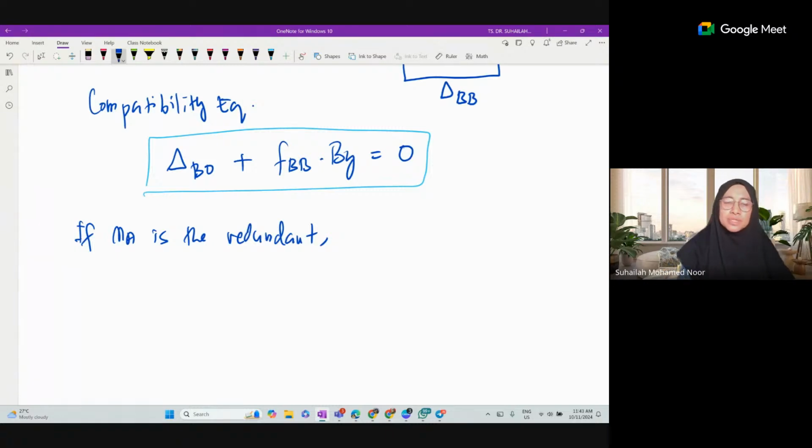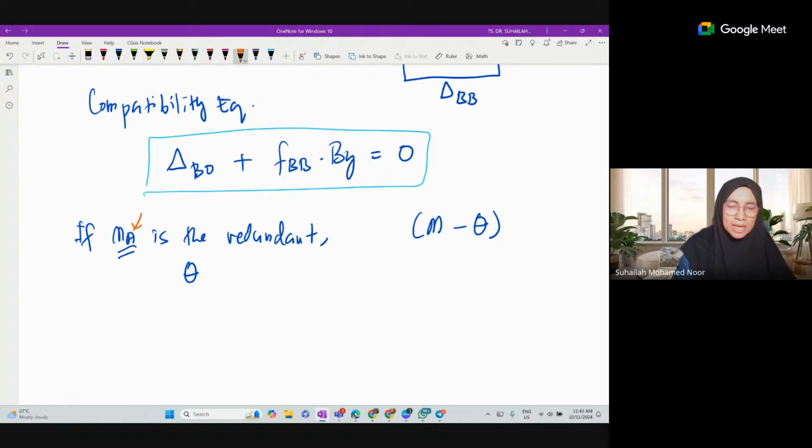For MA, remember, for moment, the partner is theta. We cannot get rotation, we cannot get moment from delta. So when moment at A is the redundant, delta is now theta, rotation. Position is A.